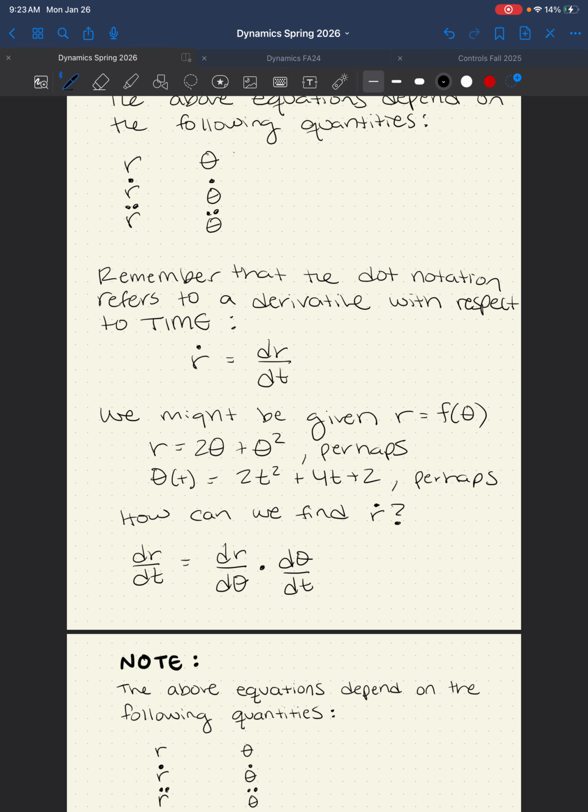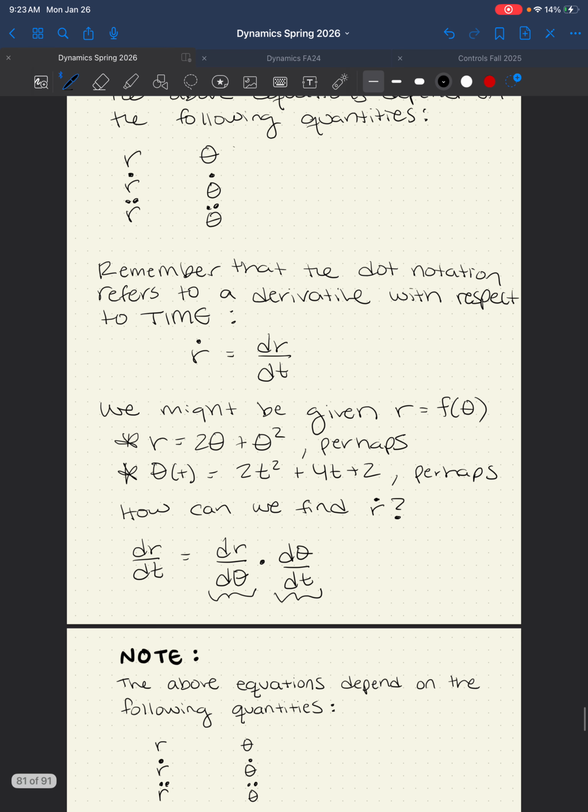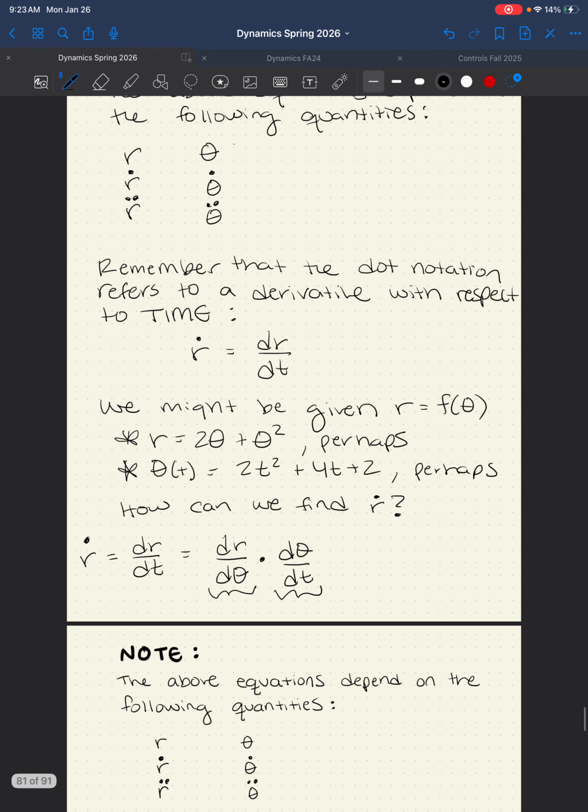Okay, so dr d theta we can find directly from this expression, and d theta dt we can find directly from this expression. So we just need to multiply the two together to find r dot. Okay, and note that this is theta dot. So I like to think of this as almost like a unit conversion because I think about the d thetas canceling and I'm left with dr dt.